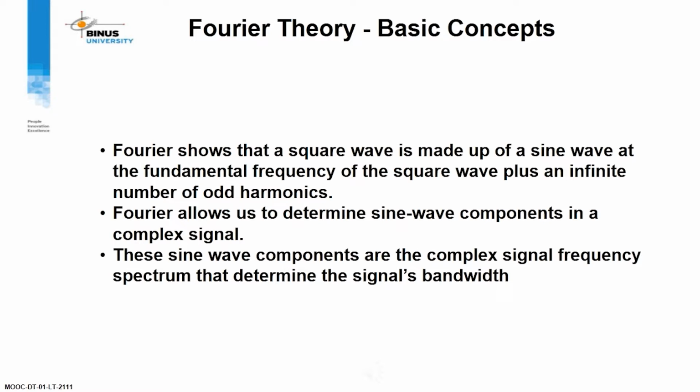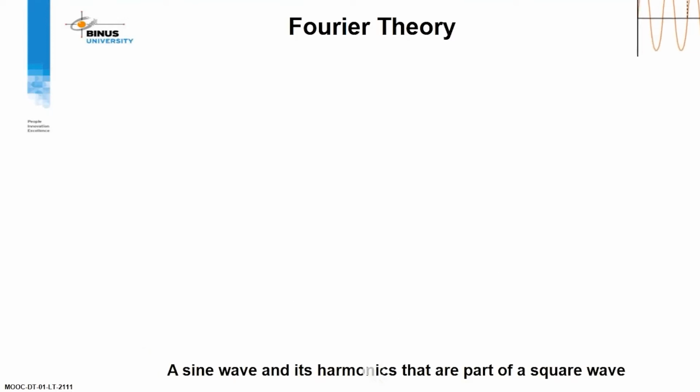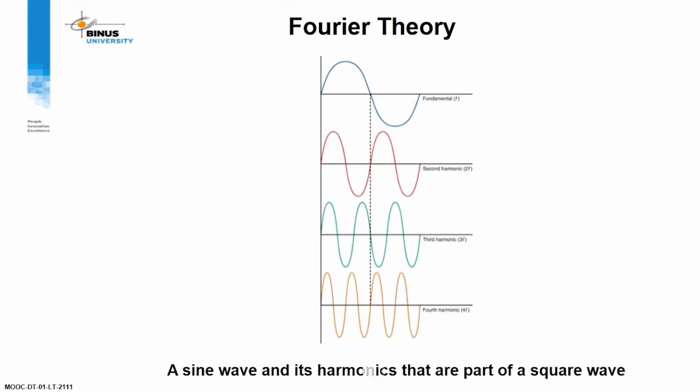These sine wave components are the complex signal frequency spectrum that determine the signal's bandwidth. In this slide, you will see a sine wave and its harmonics that are part of a square wave.